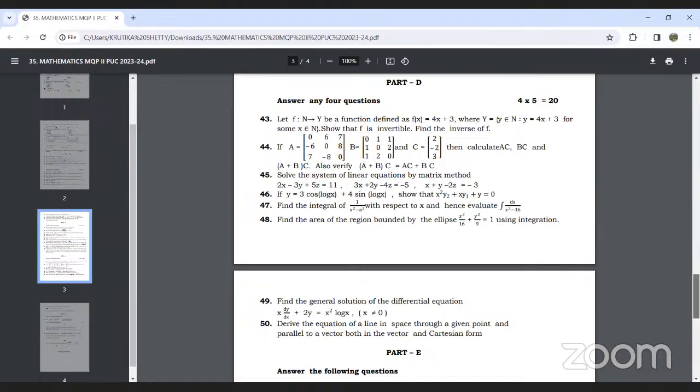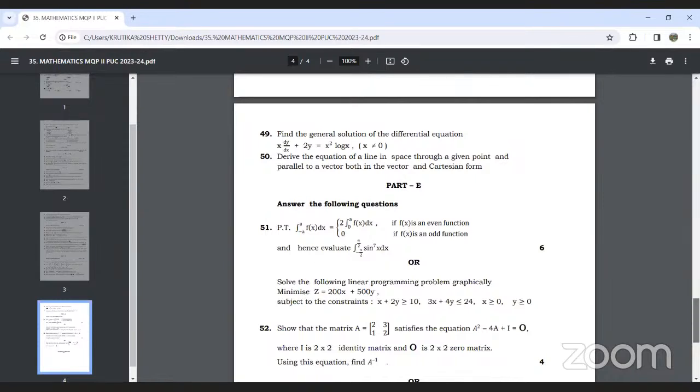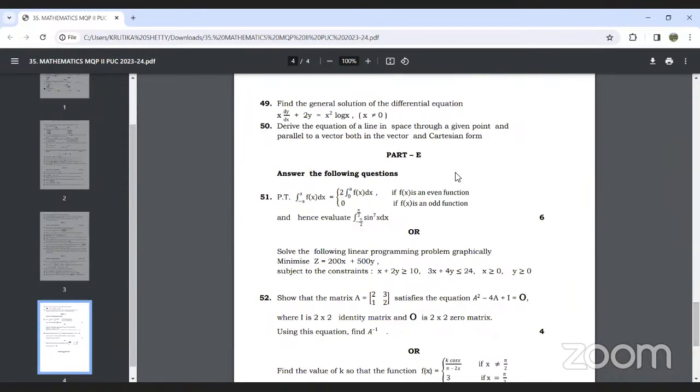Pay attention here. The question is of the type x dy by dx plus 2y is equal to x square log x.